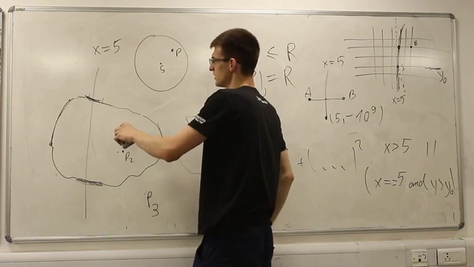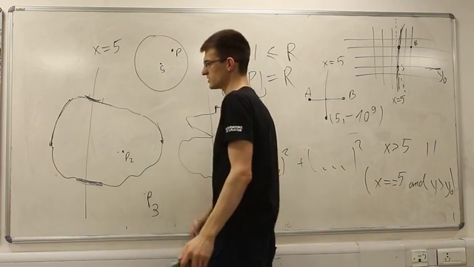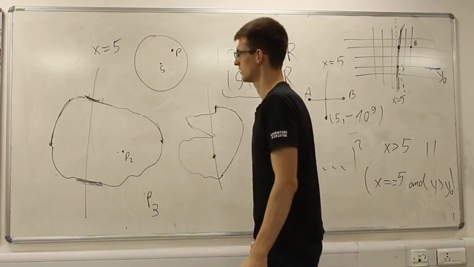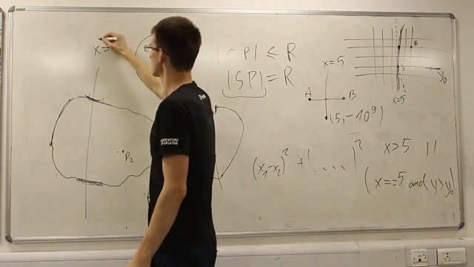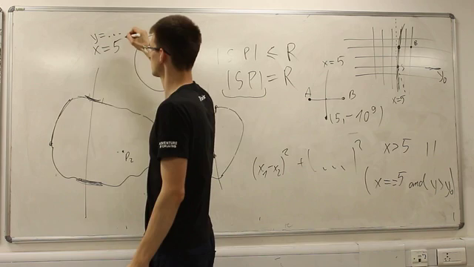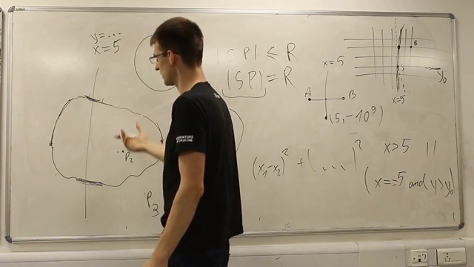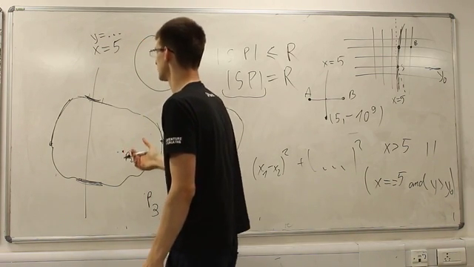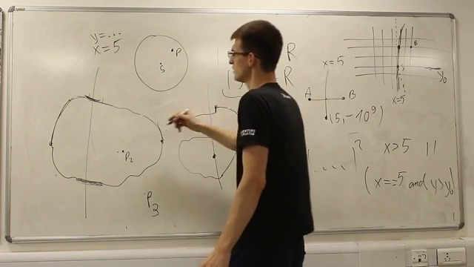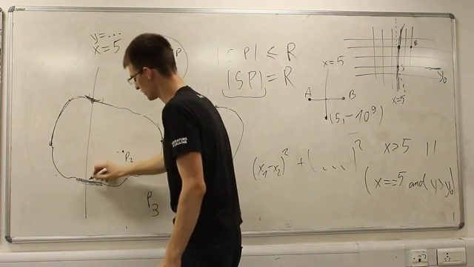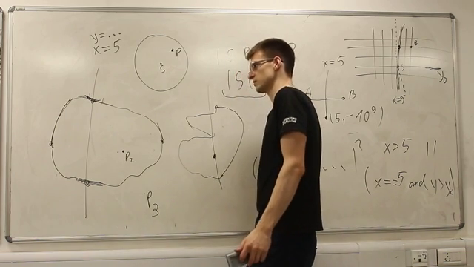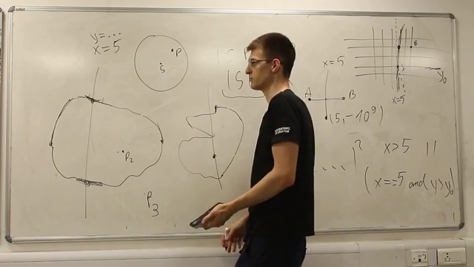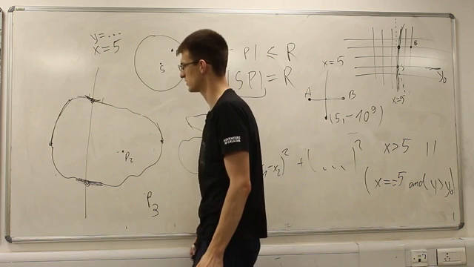And then we also check that point P has some Y coordinate. So one way is to find the exact intersection points and compare them with Y equal to something. But of course, it's a harder way because we must find intersection points.